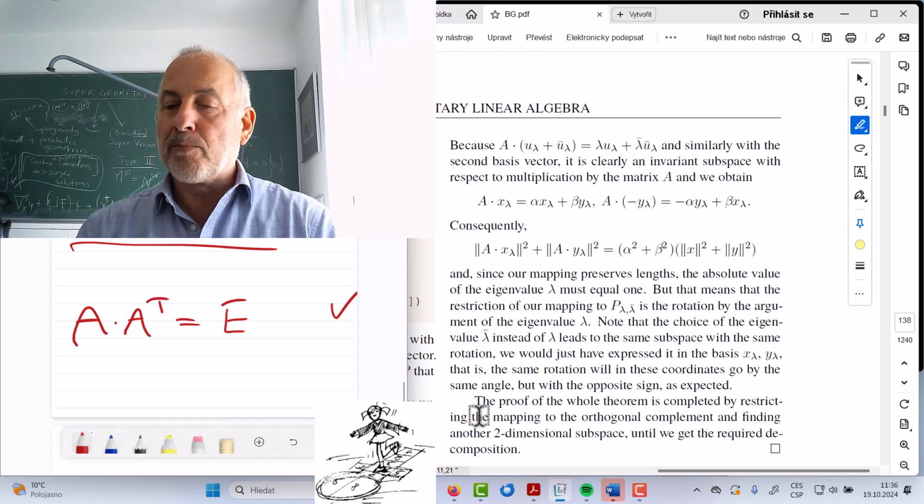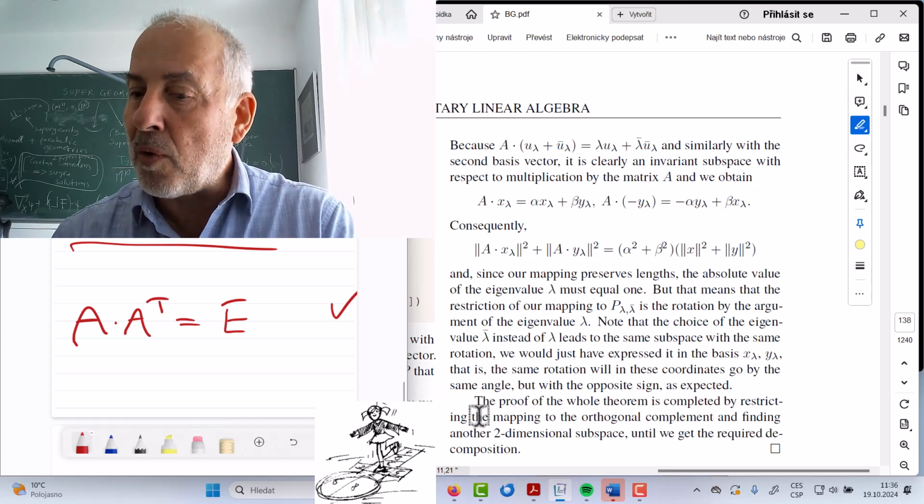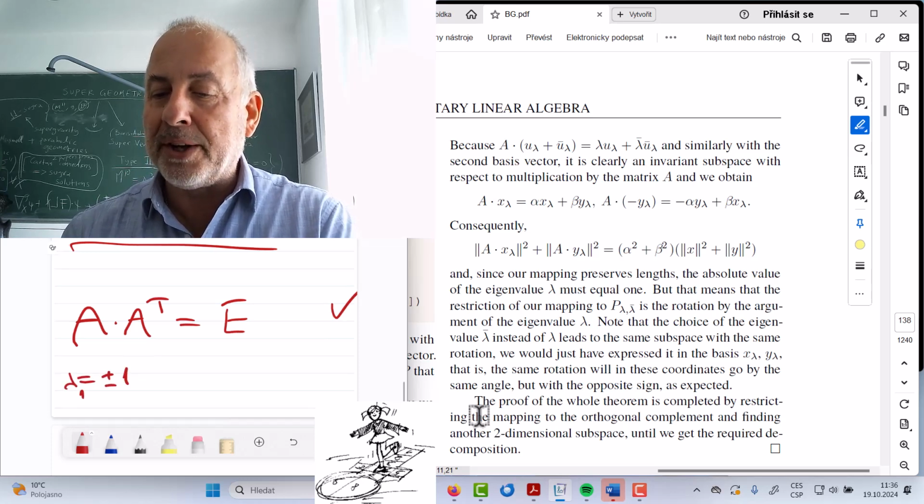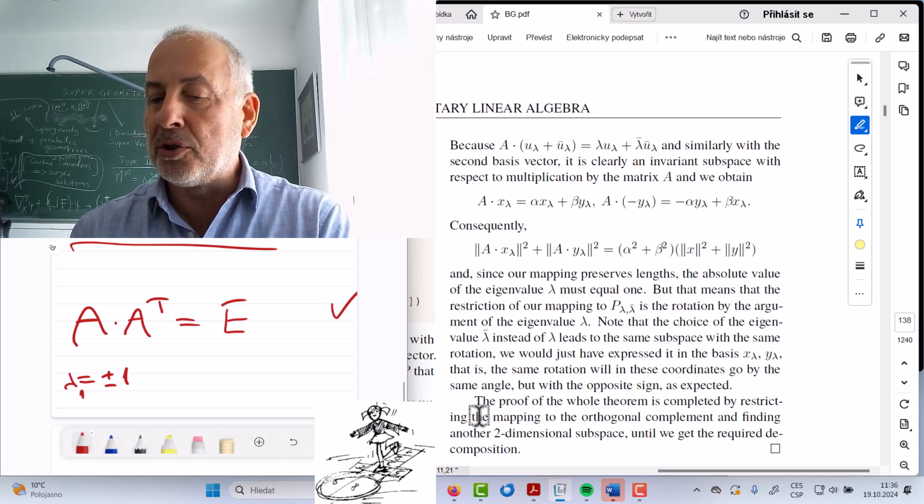But then there will be eigenvalues, and one of them will be real, right? So lambda 1 is plus or minus 1, and there will be a non-zero eigenvector, and this is the axis of rotation.